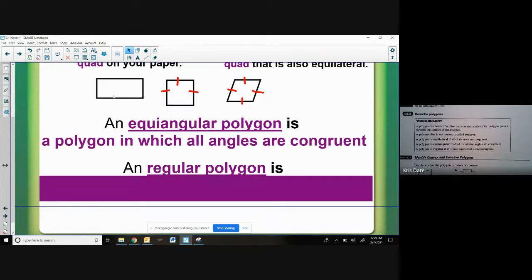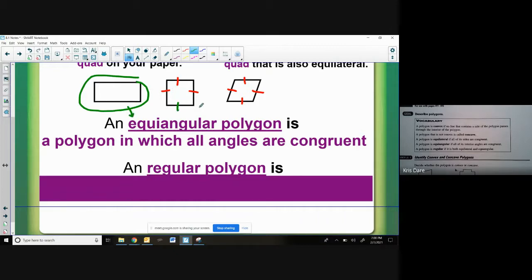Does a rectangle have all of its angles congruent? Well, let's see. On a rectangle, we said the definition was a parallelogram with 4 equal angles, and they're all 90 degrees. So yes, it is equiangular. Okay, what about a square?